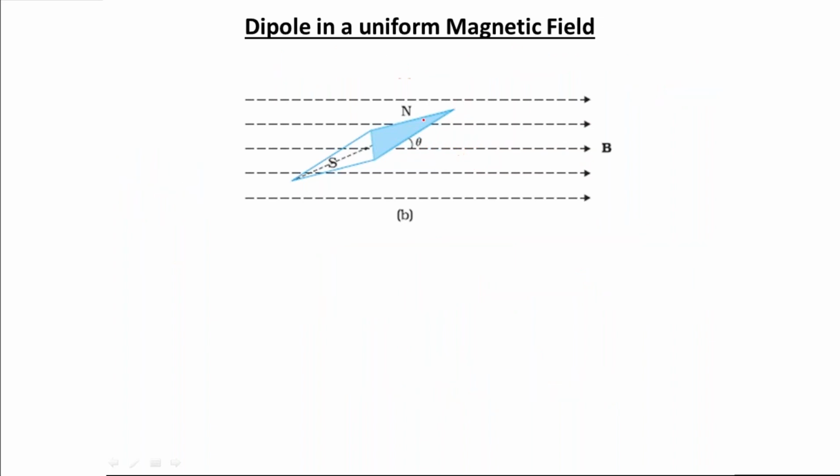Now, if you displace the north pole by a certain angle theta from the magnetic field, as shown here, it has been displaced by theta degrees from the field. So at this stage, as you know from electrostatics, if you keep a dipole in a uniform field, it will experience a torque.